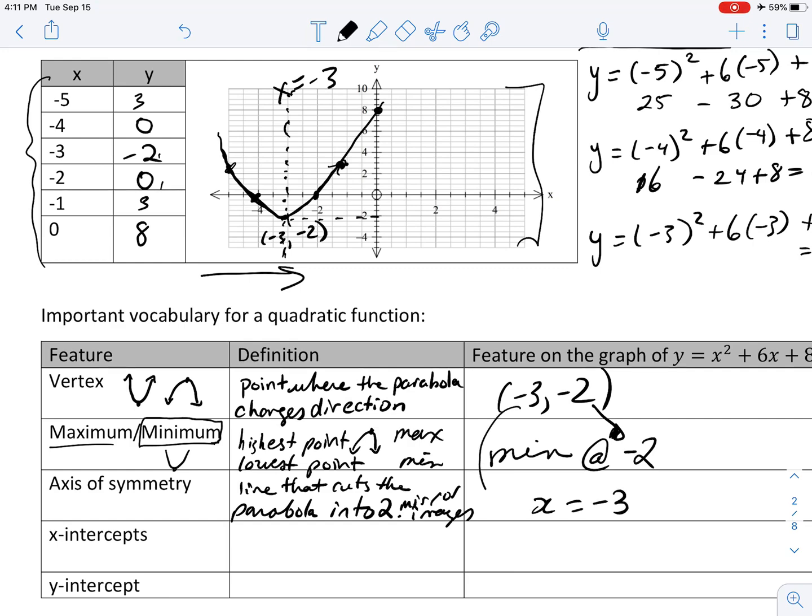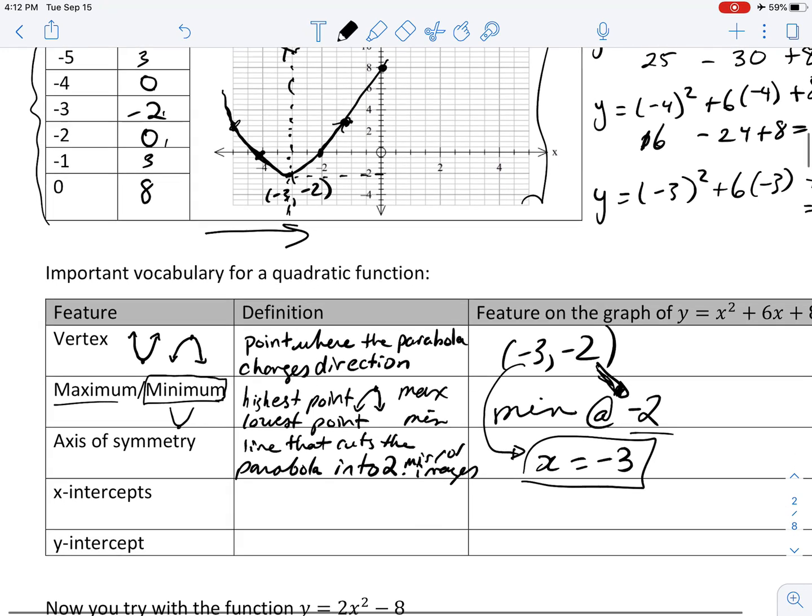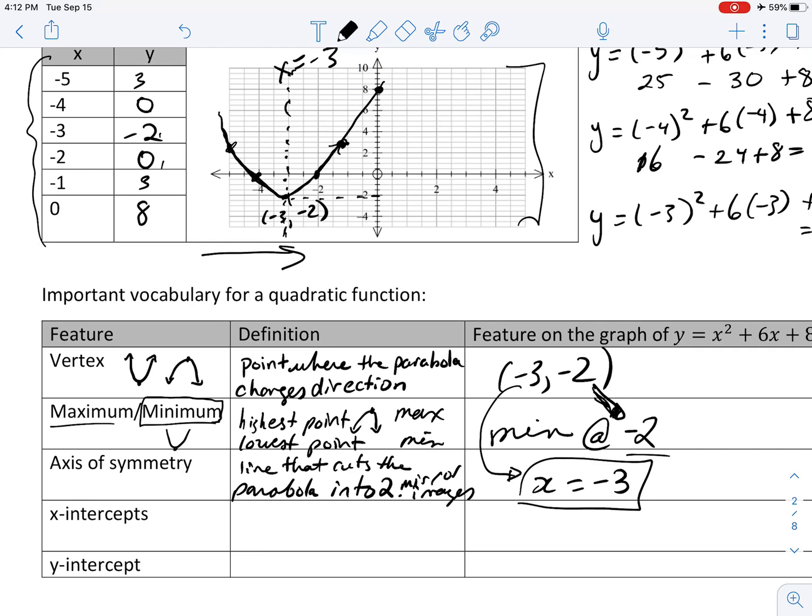So that's also informed by the vertex. So the vertex, the x coordinate, gives me the axis of symmetry. The y coordinate, as I showed here, gives me the minimum or maximum. X-intercepts are the points, could just be one, points where the parabola either touches or crosses the x-axis.